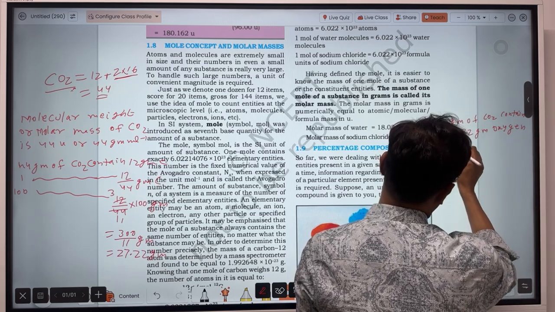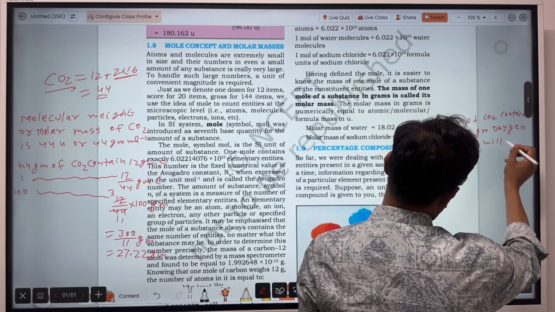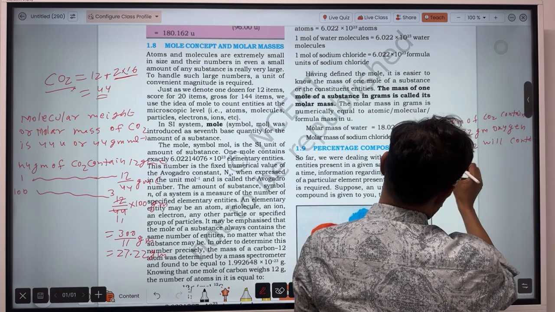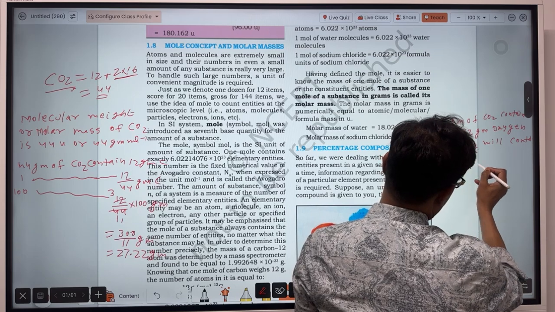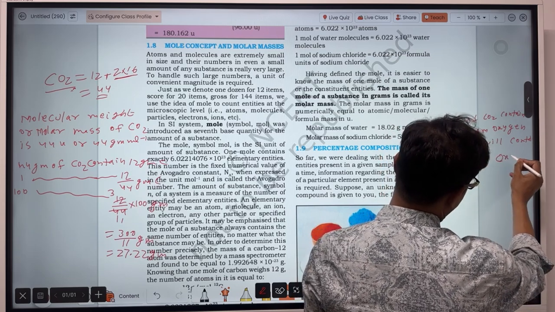So 1 gram CO2 will contain how much? 32 upon 44, that much gram oxygen.